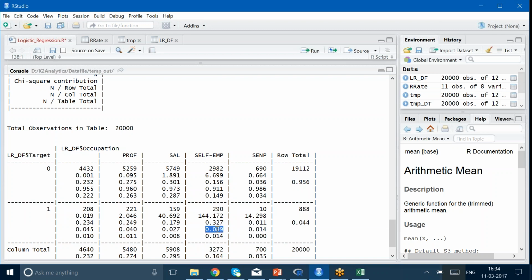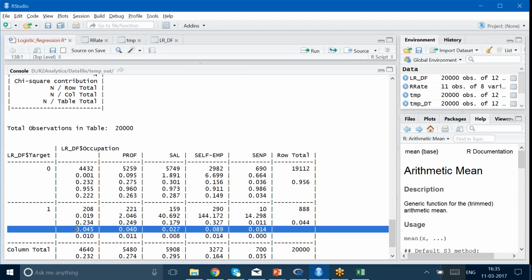This is 8.9 and this is 4.5. 8.9 is far off from 4.5, so I cannot merge these two categories. 1.4 is too low, so I cannot merge it. 2.7 is also low, but this is closer to this number. So probably I can bundle missing with the professional category. That is one approach.